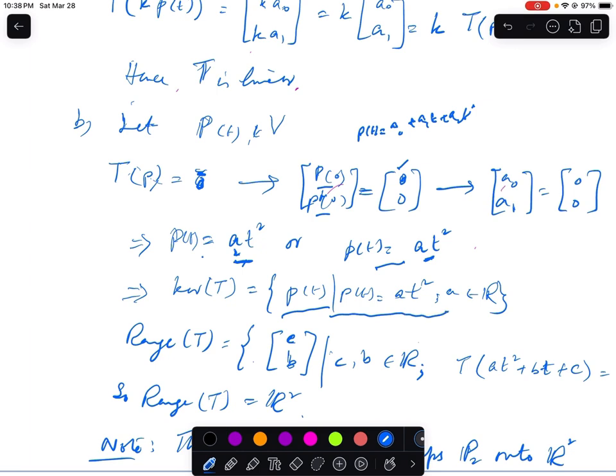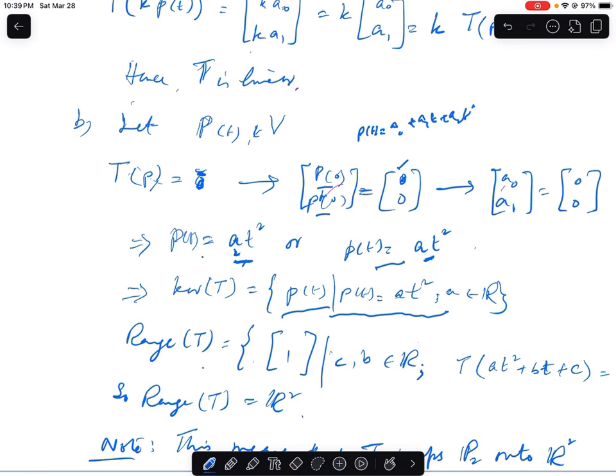Now for the range of T, we want to see any vector a, b such that, but now I have to change the condition because it will mean a, b belongs to R2.